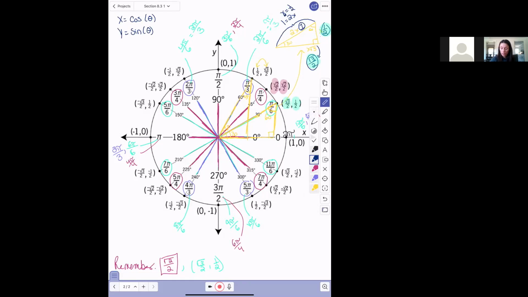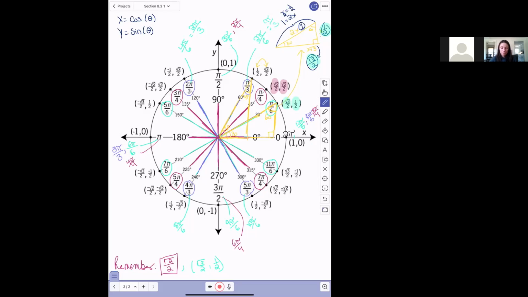And that's important to determine the signs. It might not feel important when we're looking at the unit circle on the coordinate axis, because we know what quadrants are, but it's important for how we use the unit circle.